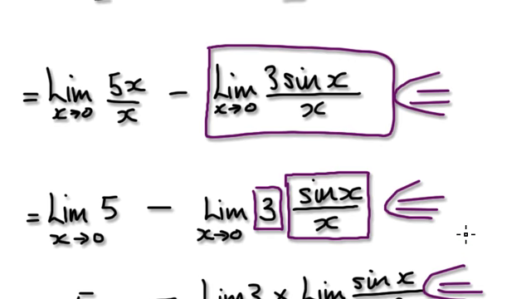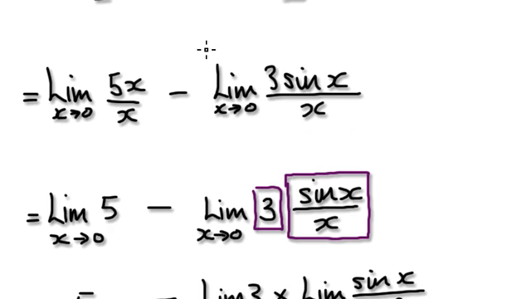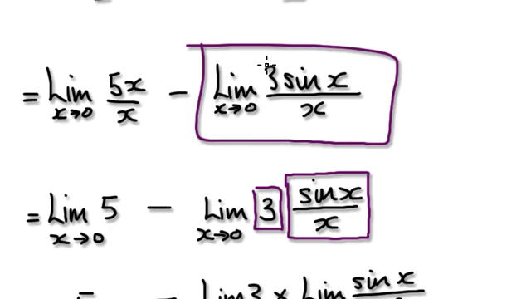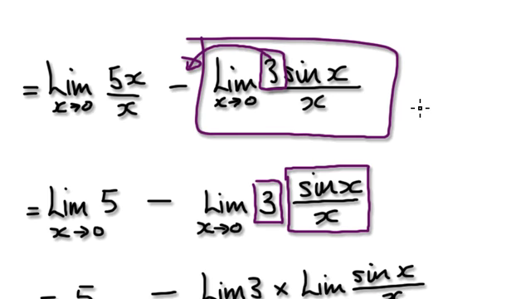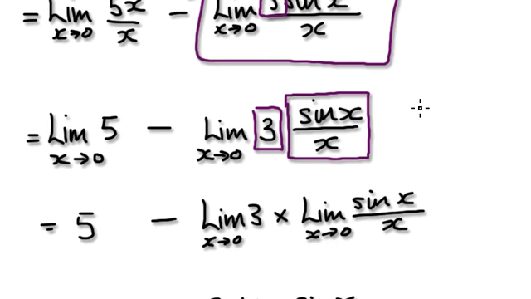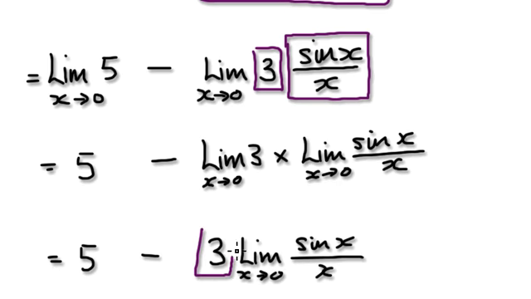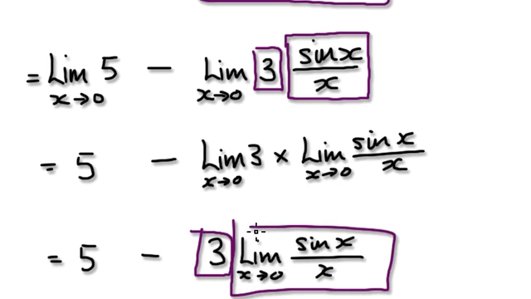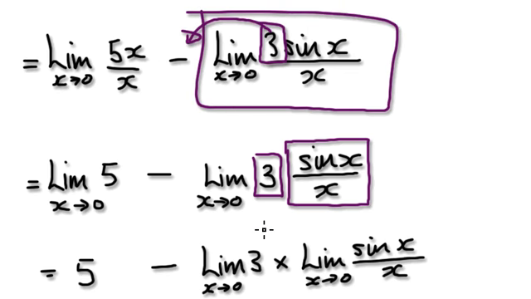But when you are here, visualize it as this. You've got a 3 here. Just take the 3 out and jump all the way to this step here. So now you've got this block here.